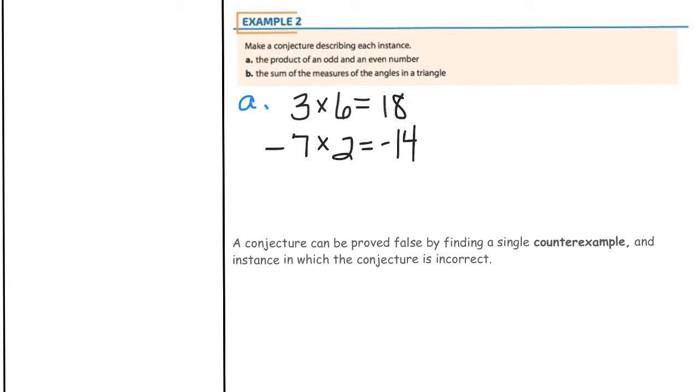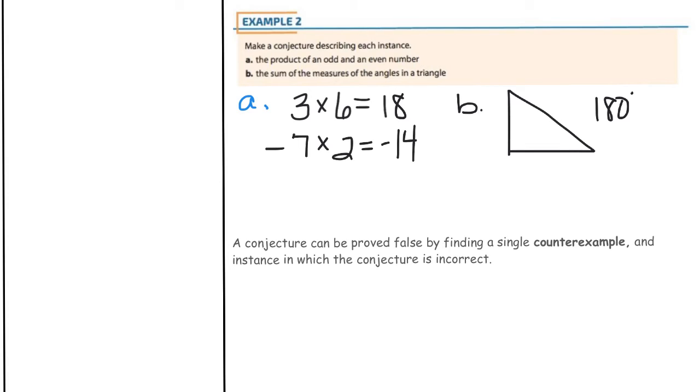Now part B is asking us to make a conjecture describing the sum of the measures of the angles in a triangle. Well, we know that a triangle is composed of 3 angles, and those 3 angles have to add up to 180 degrees. So I could make any conjecture I want.